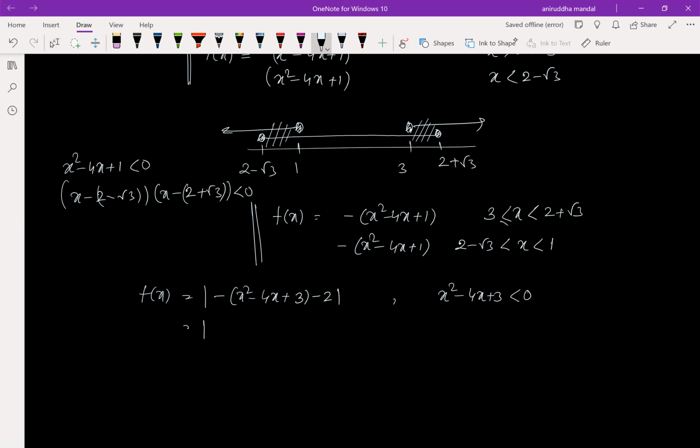So taking minus common, so this is x square minus 4x plus 5. Okay, so minus of mod means plus, so which means this is always positive.